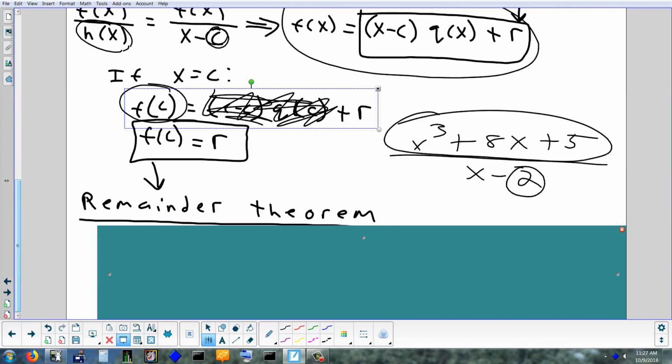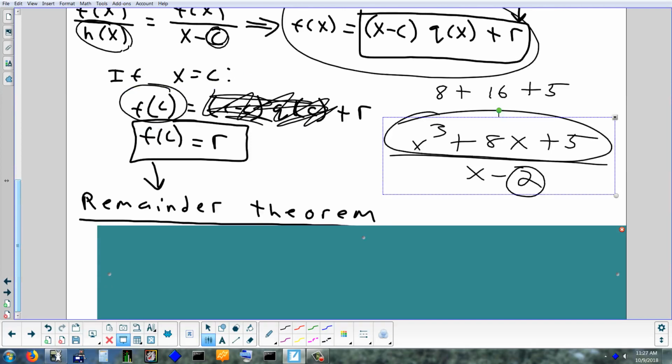So in this problem, if you did it out, the remainder would be 2 cubed plus 8 times 2 plus 5. So without even doing all the long division out, you get 29. So I can tell you the remainder to that problem is 29.